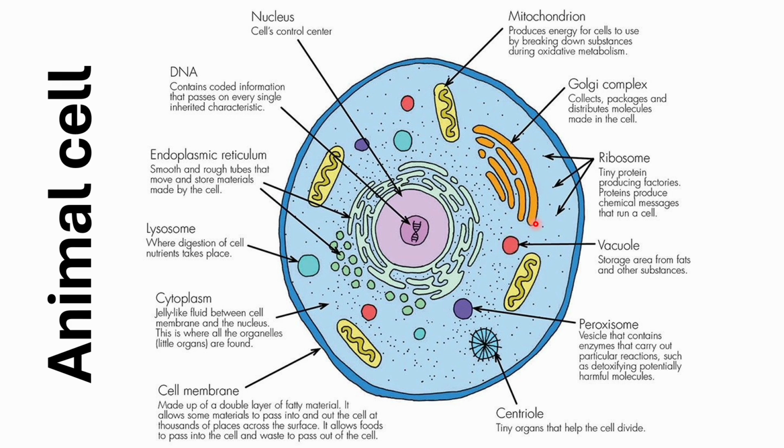And right here you see these small dots all around the cell. These are called ribosomes, the tiny protein-producing factories. Proteins produce chemical messages that run a cell. And remember, protein is very essential. So most of the organelles of the cell contribute a lot in making protein, packaging the protein and distribution of the protein.